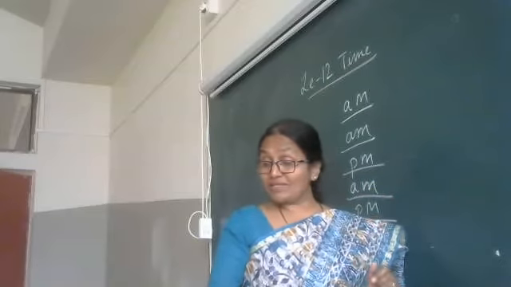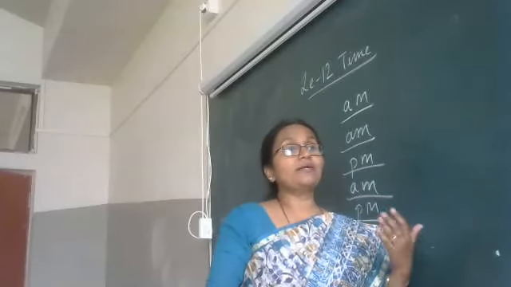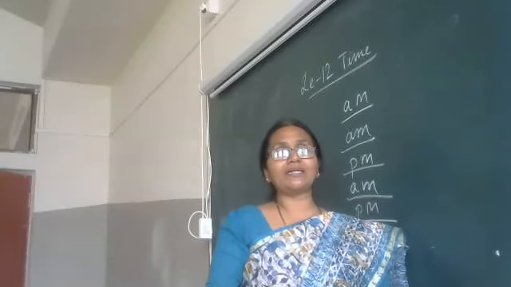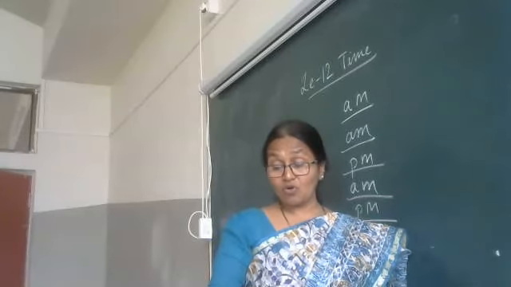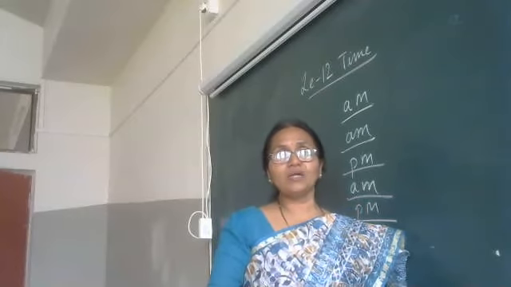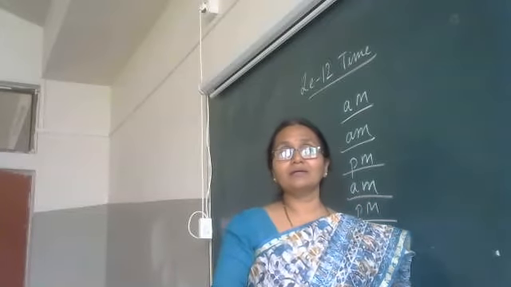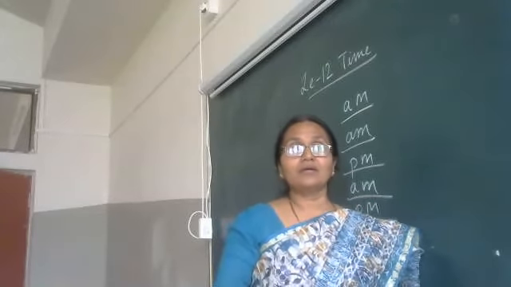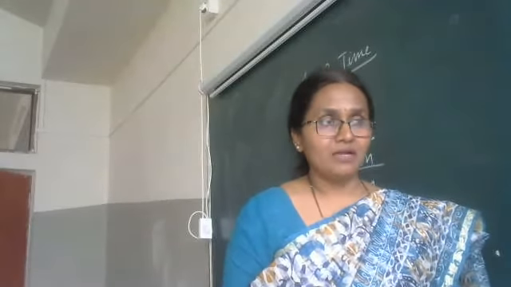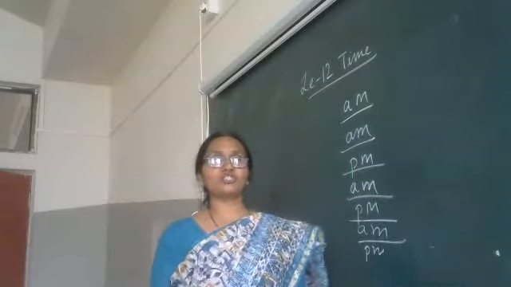Now, the seventh question is quarter to 10 at night. What is the time? Tell me the regular timing we read for quarter to 10. Yes, very good, Rian and Harsha.